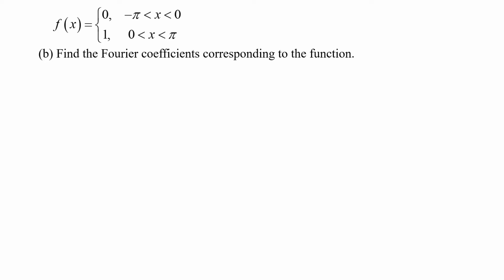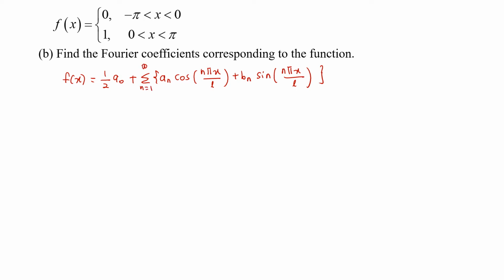If you remember this equation, f(x) is equal to 1/2 a naught plus the summation of a_n cos(n pi x over L) plus b_n sin(n pi x over L), where n starts from 1 up until infinity.